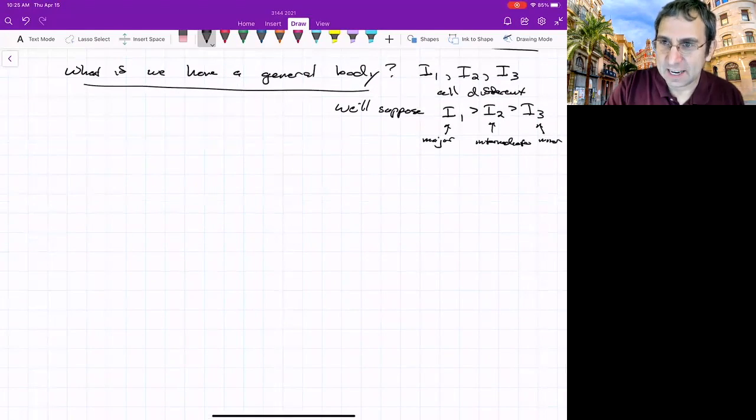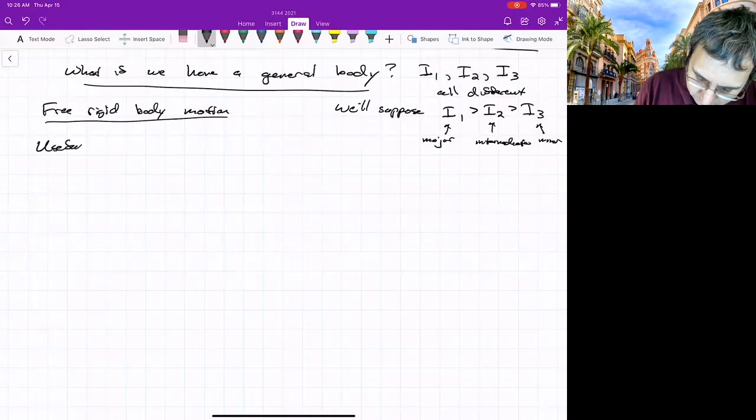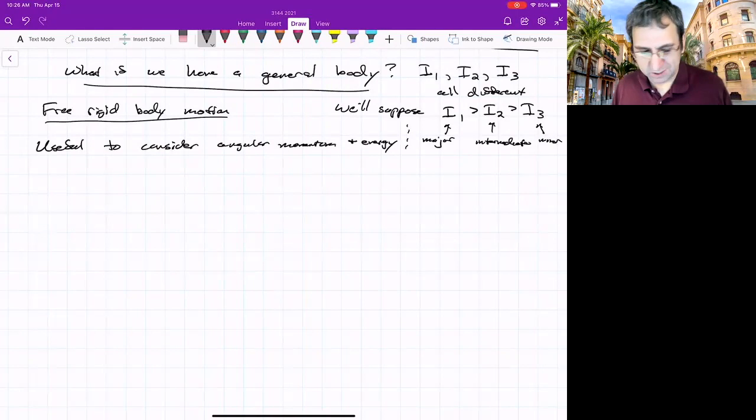To discuss this case, we do need to mention something about the energy. We're talking about free rigid body motion still. So there's no moments acting. It's useful to consider angular momentum and energy, total energy. Now, because there's no potential energy involved, all the energy is just kinetic energy of rotation.